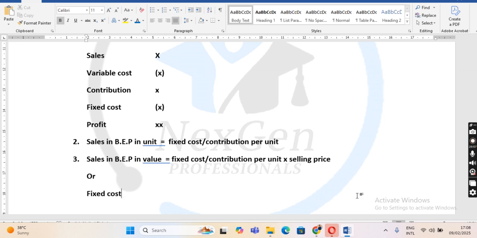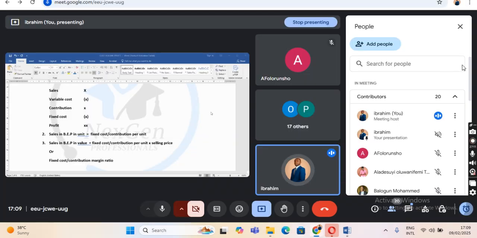Or an alternative to this will be fixed cost divided by contribution margin ratio. Either you use this to get your BEP in value, or you use fixed cost divided by contribution margin ratio.